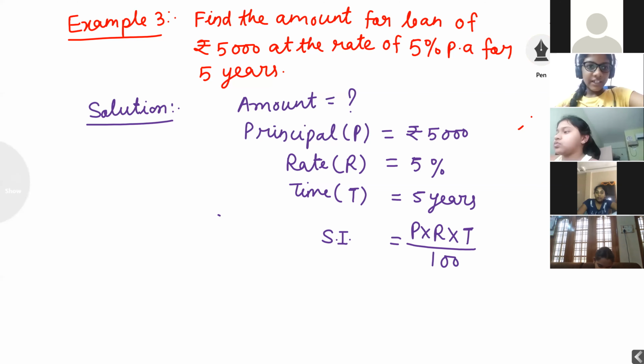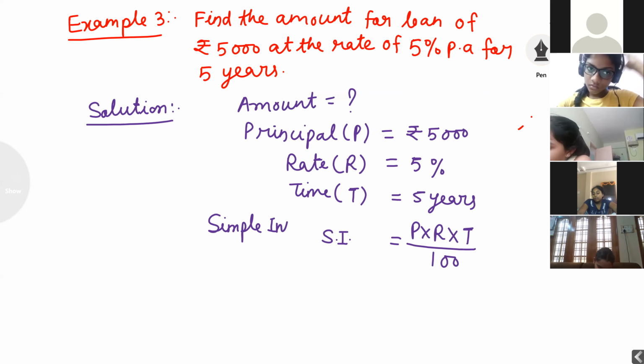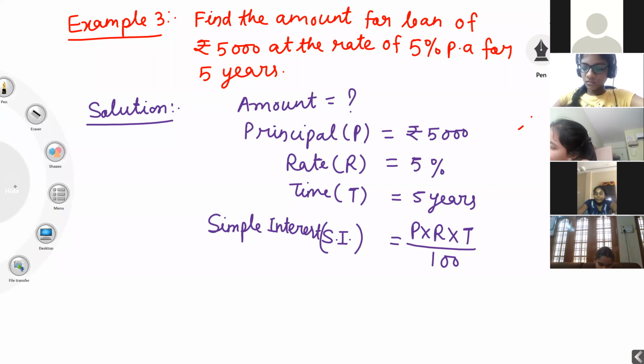Simple interest. Otherwise, Nitika will say, who is that SI? Sub-inspector. Simple interest is equal to principal into rate into time divided by 100. Substitute the value, everyone. Find out the SI.